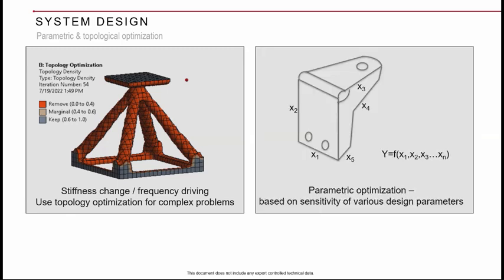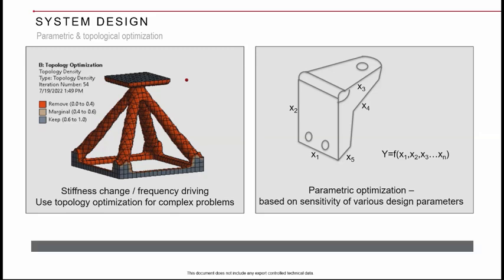So topology optimization as well as parametric optimization should help you in getting the desired frequency. So structural dynamic modifications based on these sensitivities you should adopt if it is really important for you in achieving certain frequencies and responses.